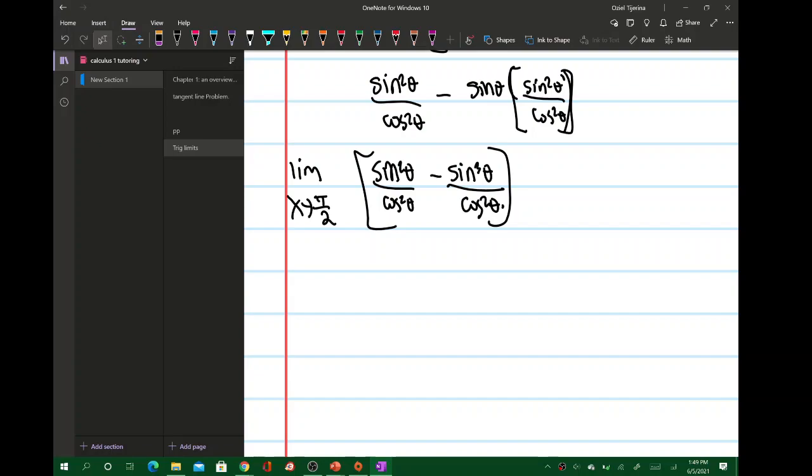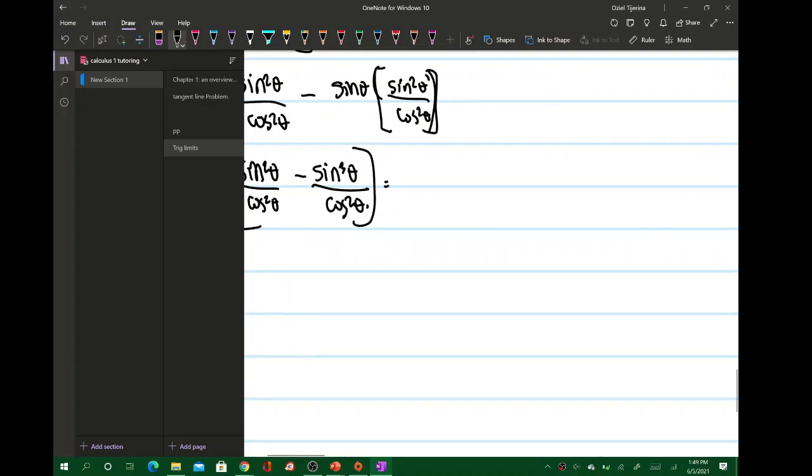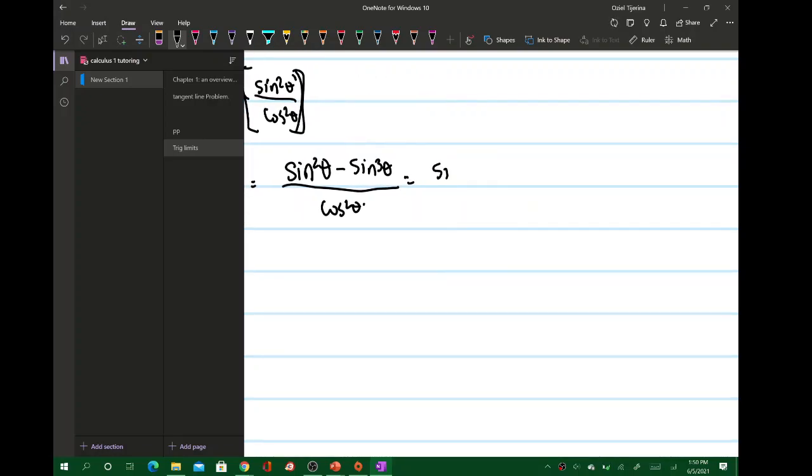Okay, so we can simplify this in the following way. We have sine squared theta minus sine cubed theta all over cosine squared theta. This is equal to sine squared theta times 1 minus sine theta over cosine squared theta.